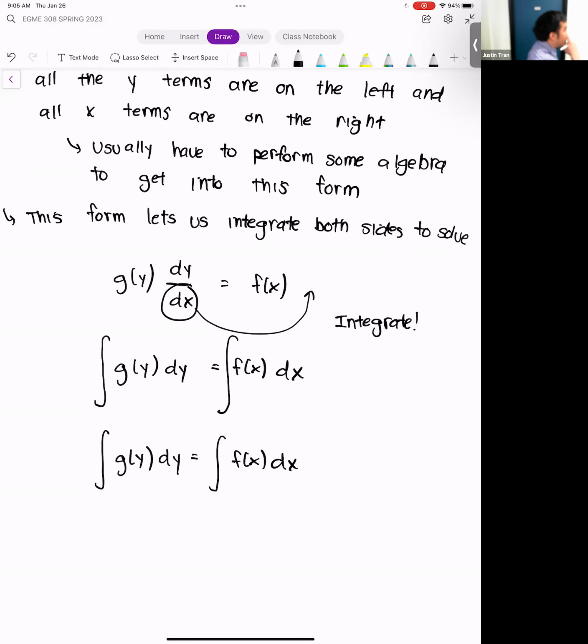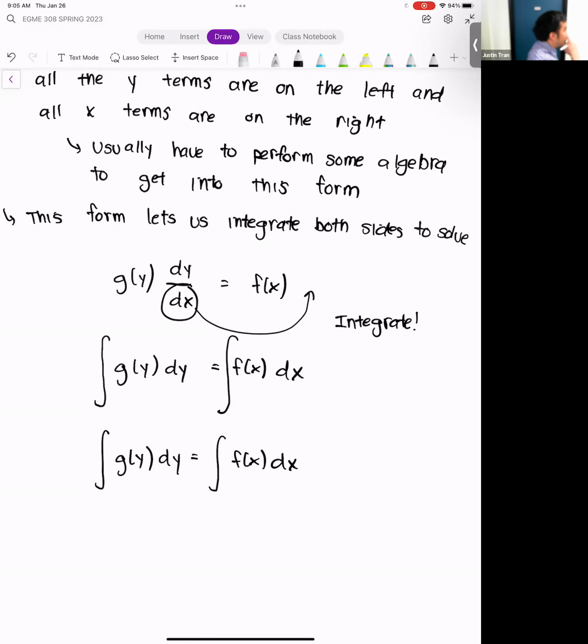In other words, can we algebraically manipulate this equation so that we get everything with y on the left and everything with x on the right? You can do that. We can solve this with separation of variables, and generally it's a little bit faster than the other methods of integrating. If you can solve an equation with separation of variables, that's generally faster.